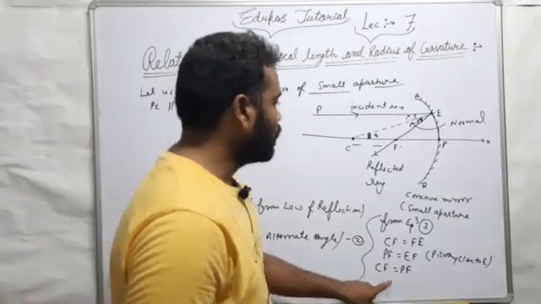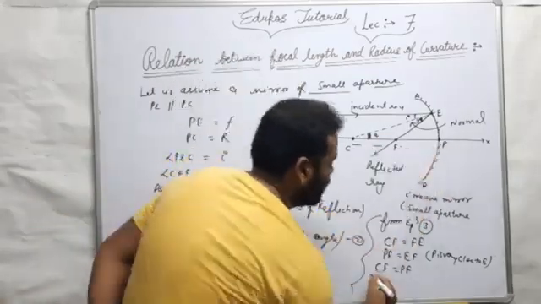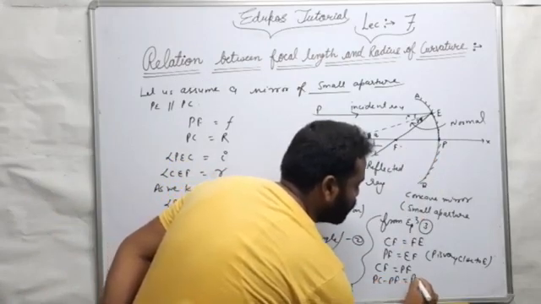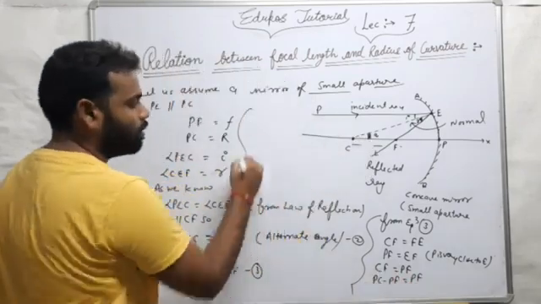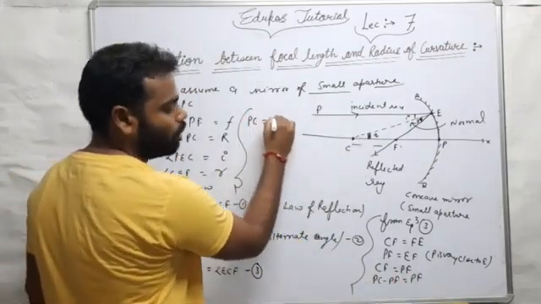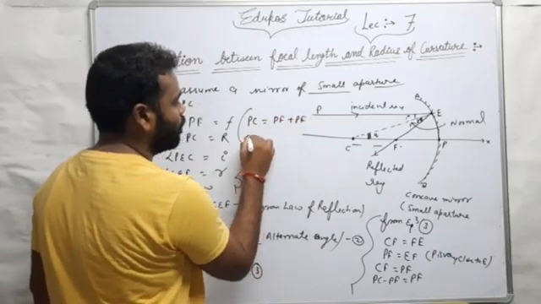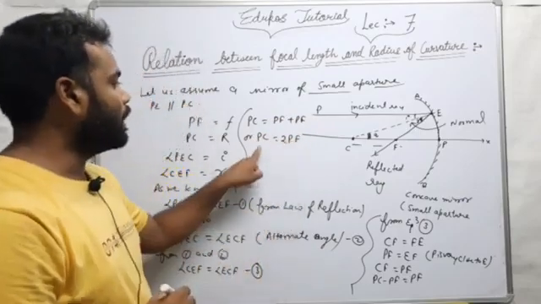CF can be written as PC minus PF, so PC minus PF is equal to PF, or PC will be equal to PF plus PF, or PC will be equal to 2PF. And what is PC?